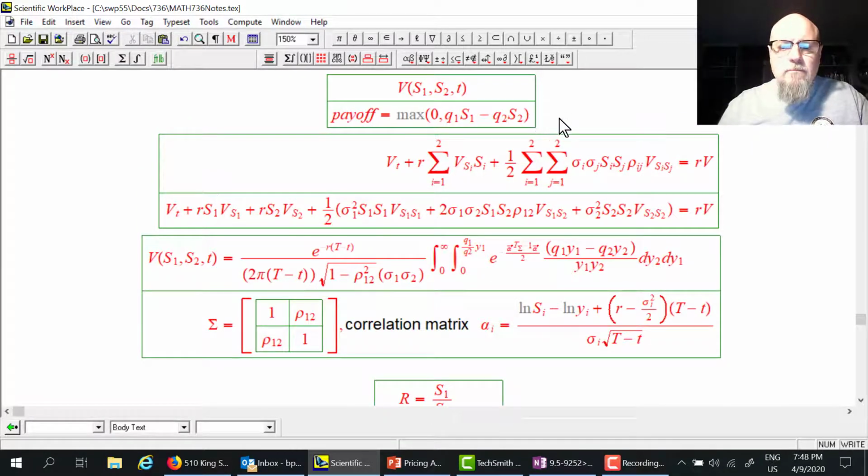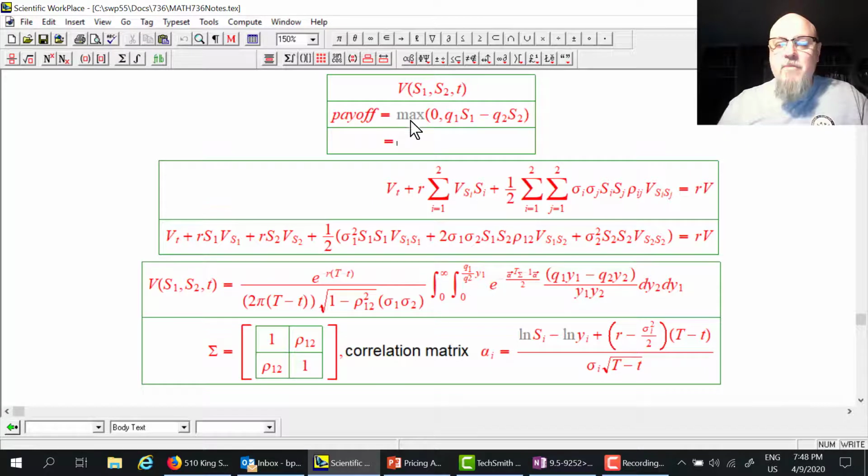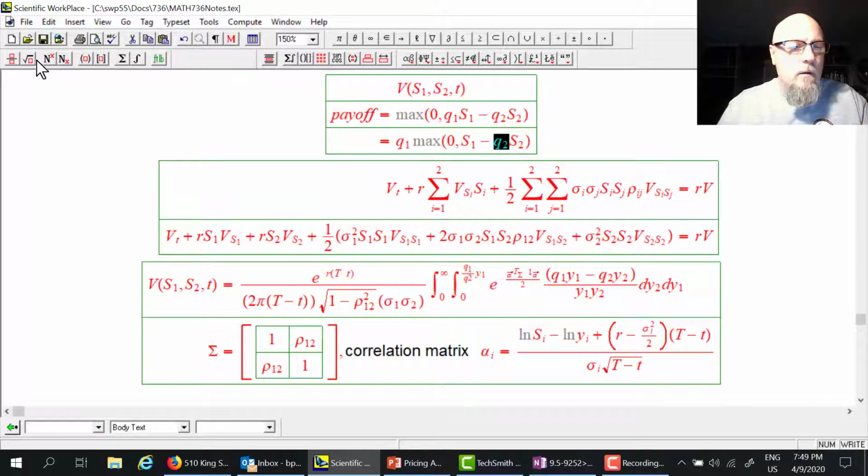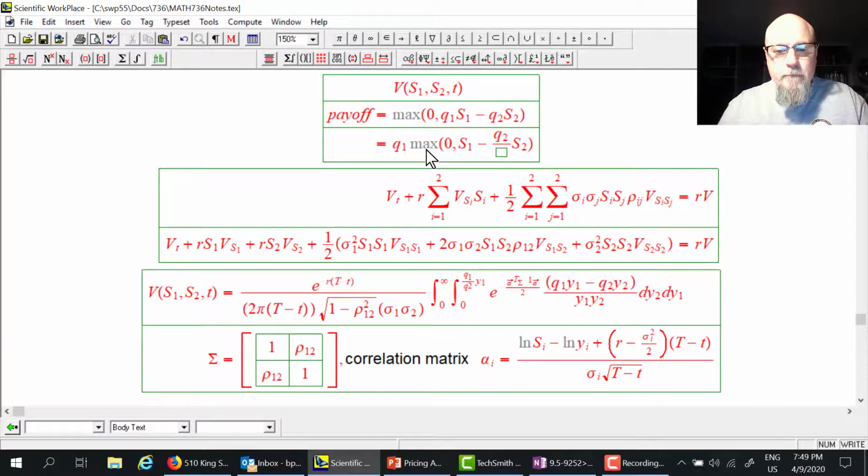I'm going to modify this payoff. It's the maximum of these values. I'm going to factor out a Q1 here. So if I take this max of 0, and if I factor out a Q1, it's still the maximum of those values. It's just a different way of expressing it, but it's the same payoff function.